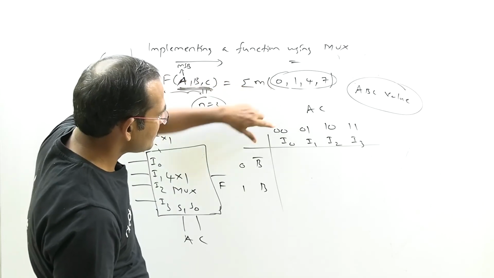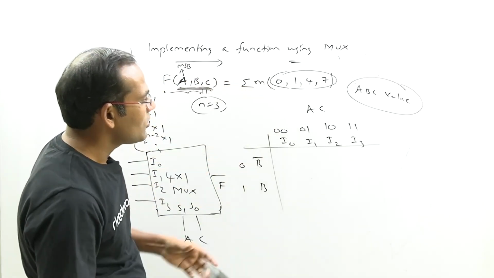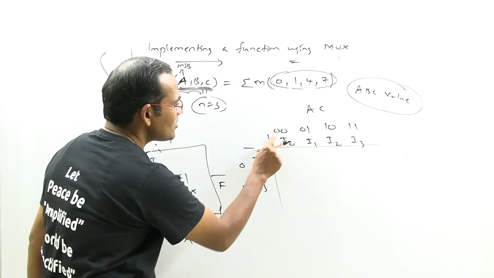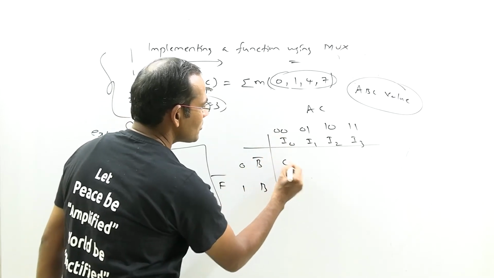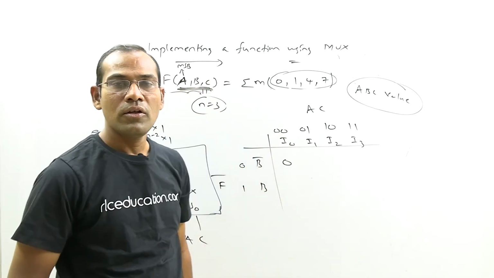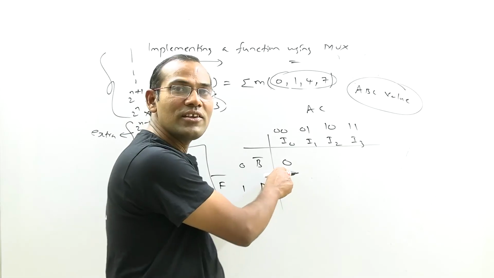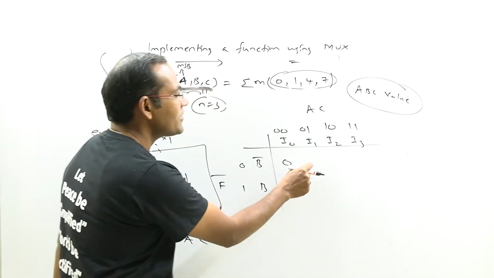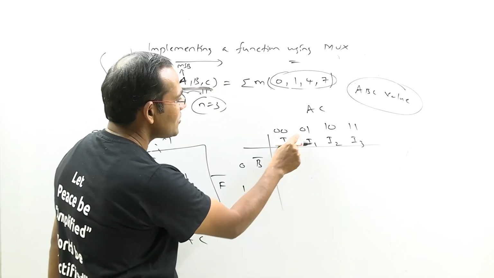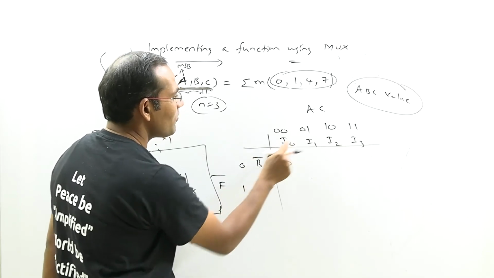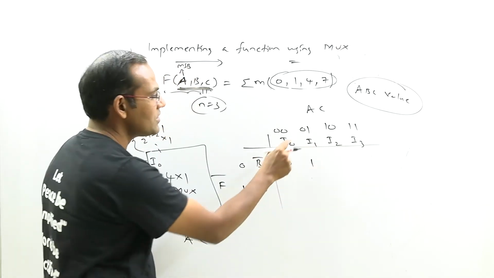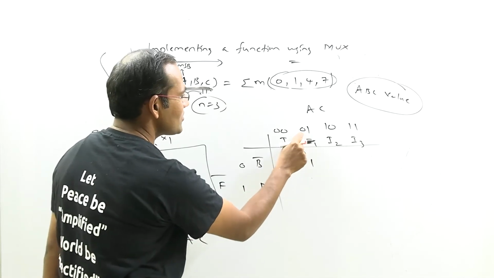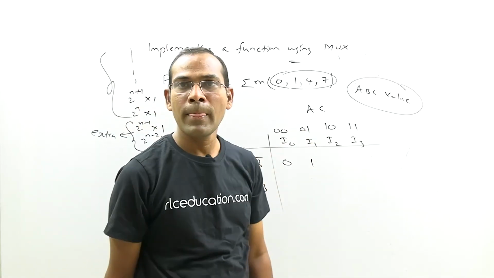This is A value, this is B value, this is C value. So ABC will be 0, 0, 0. At this position ABC value is 0. At this position ABC value is 0, 0, 1, so 1.